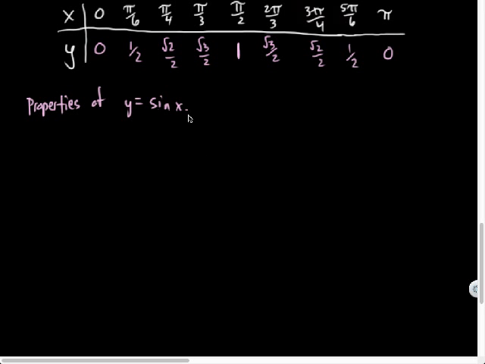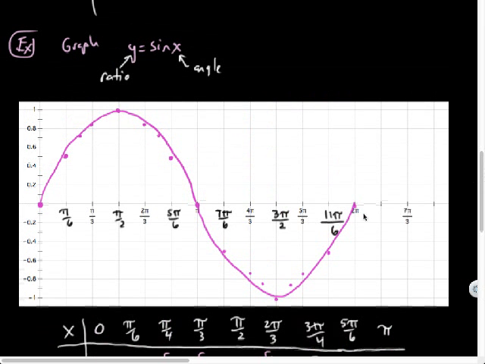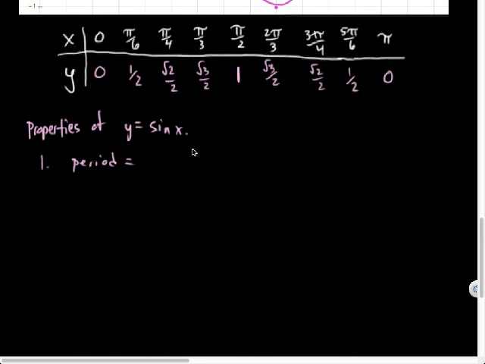And we'll look at our graph to figure some of these out. So first of all, what is the period? How long does it take to repeat one full cycle? 2 pi. All right? So the period for sine is 2 pi.